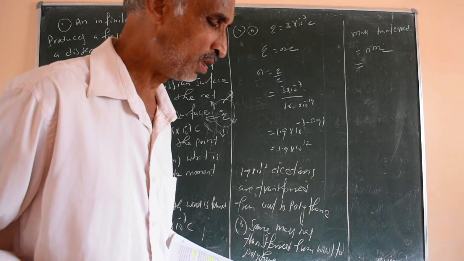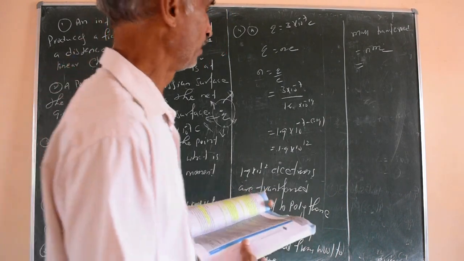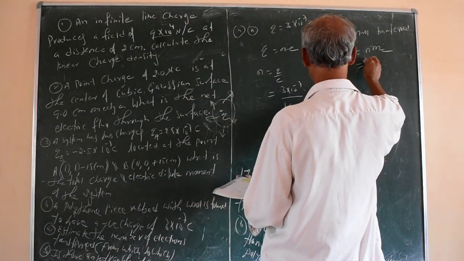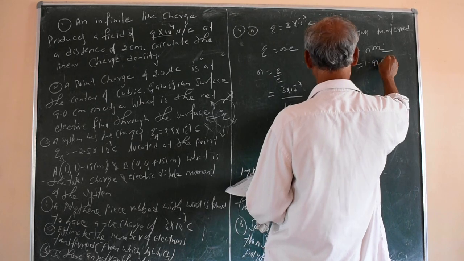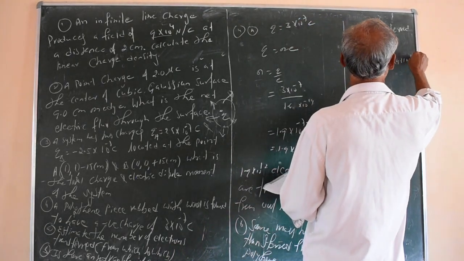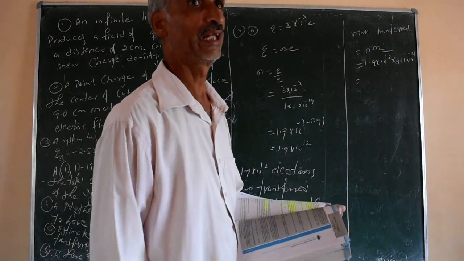The mass of an electron is 9.11 into 10 raised to minus 31 kg. And n is 1.9 into 10 raised to 12.